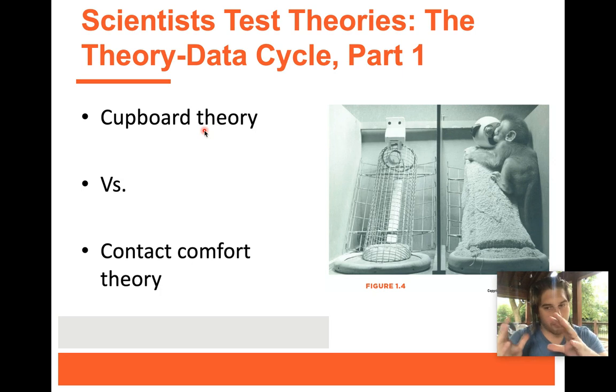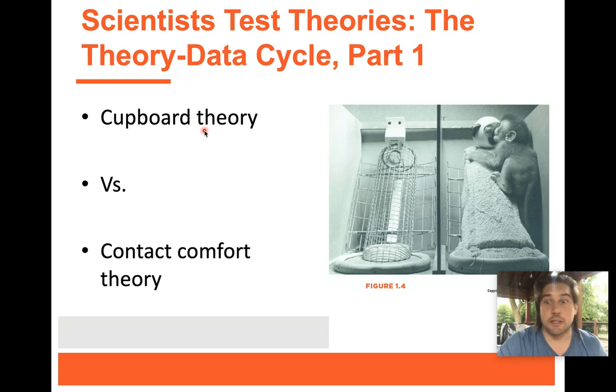There was a competing theory of attachment called the contact comfort theory, and this was more emotionally based. This theory said, yes, obviously children need to eat and drink to survive, but really the basis of attachment is an emotional comfort with an adult figure.